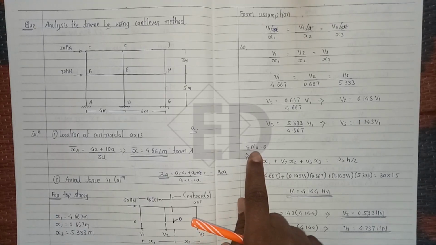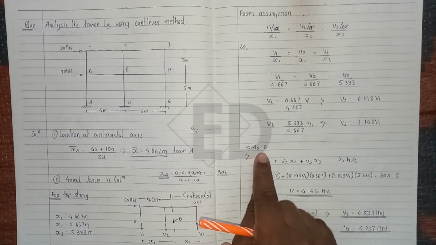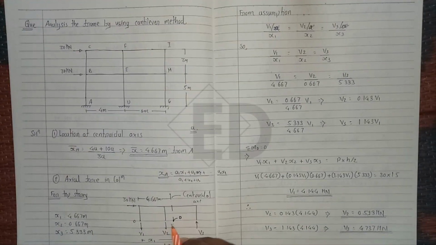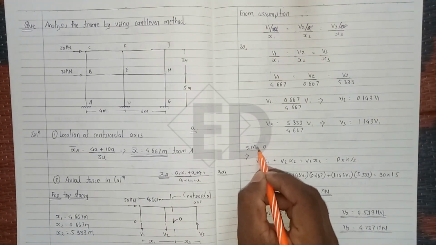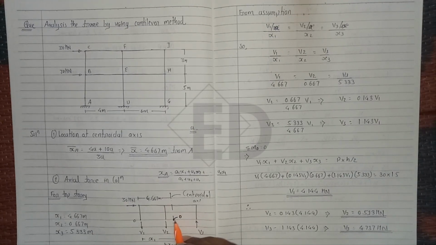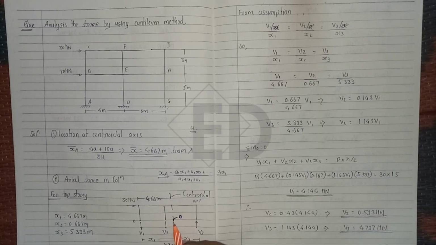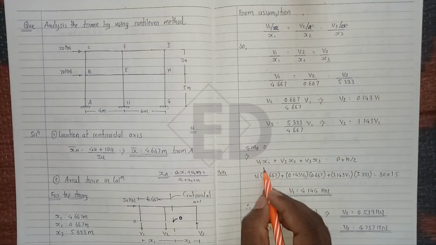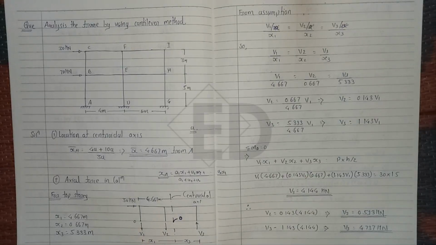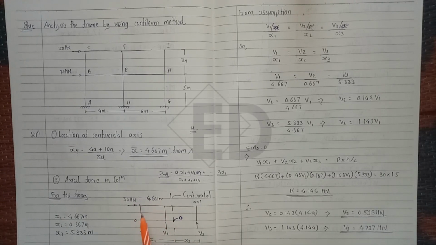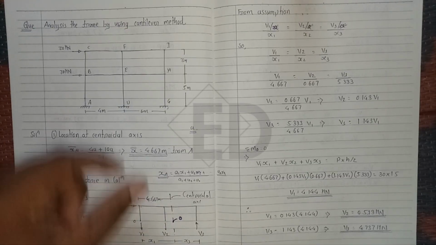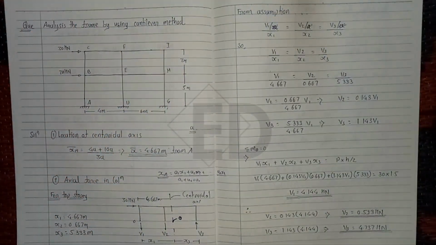Now moving towards the next step, that is summation of moment at O equals 0. This is the point O, so take the summation of moments of all the forces about this point. So v1 into x1 plus v2 into x2 plus v3 into x3, where x3 is the total distance, equals 30 into this distance, that is h by 2, which is 1.5.